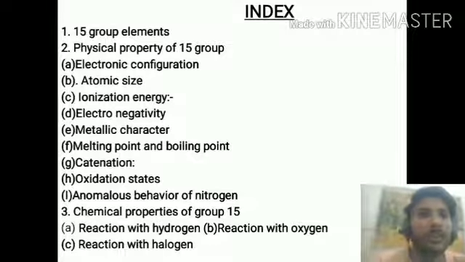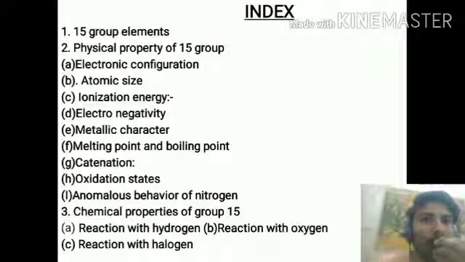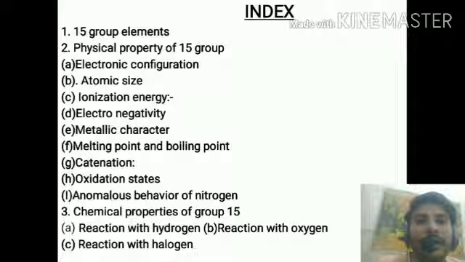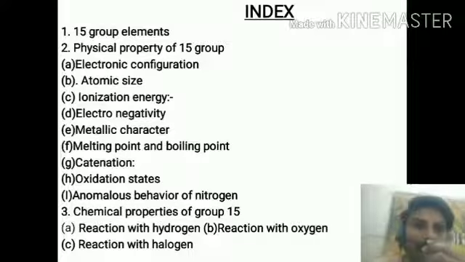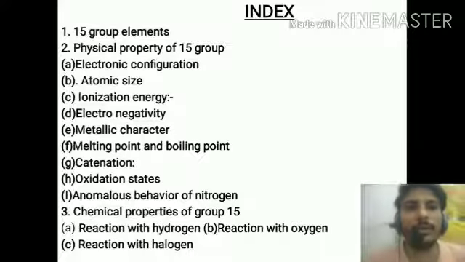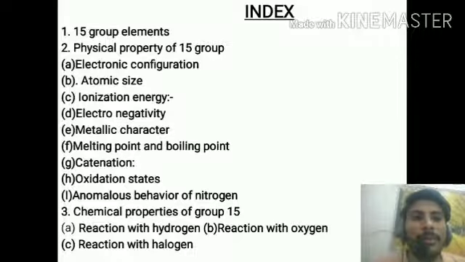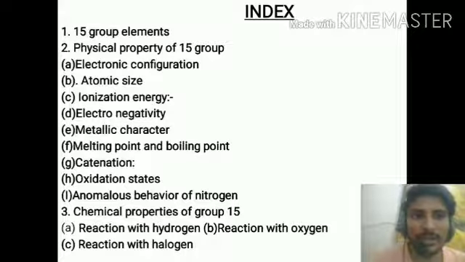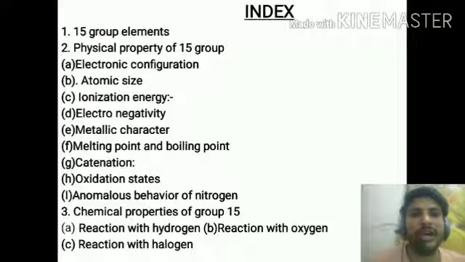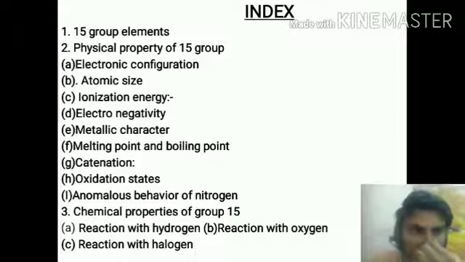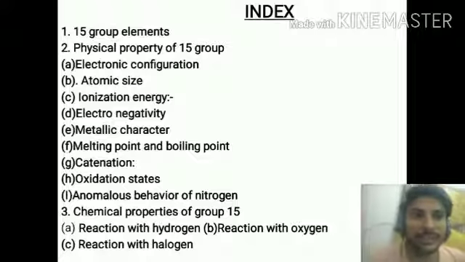In the physical properties, we will study the electronic configuration, atomic size, ionization energy, electronegativity, metallic character, melting and boiling points, catenation, oxidation state, and anomalous behavior of nitrogen. Then we will study the chemical properties: reaction with hydrogen, reaction with oxygen and reaction with halogen. These properties you will study in this video.